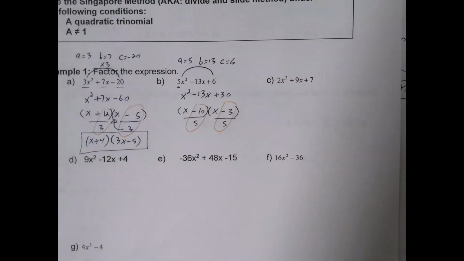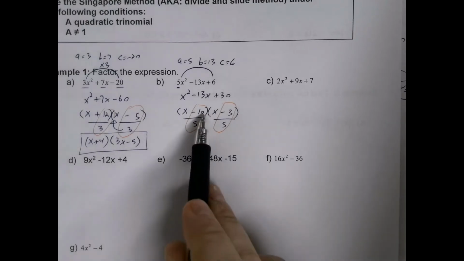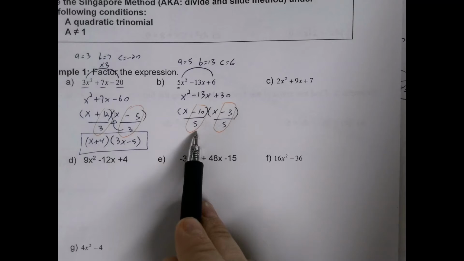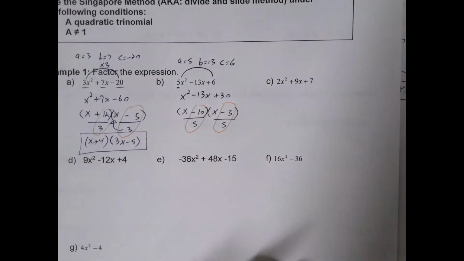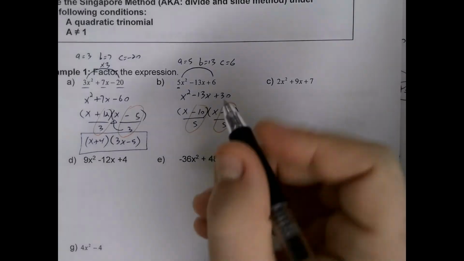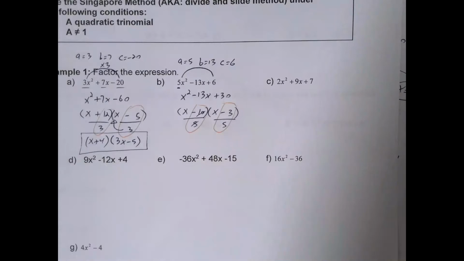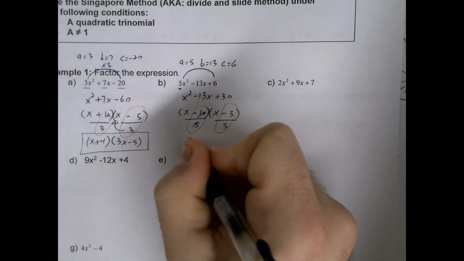Now, something we want to make sure we always do here. Okay? So what's 10 divided by 5? Okay. So another thing to consider before you divide and slide, another way to look at this is, see, these guys reduce, right, to 2 over 1. It's another way to look at it. All right? So obviously this guy is just x minus 2.